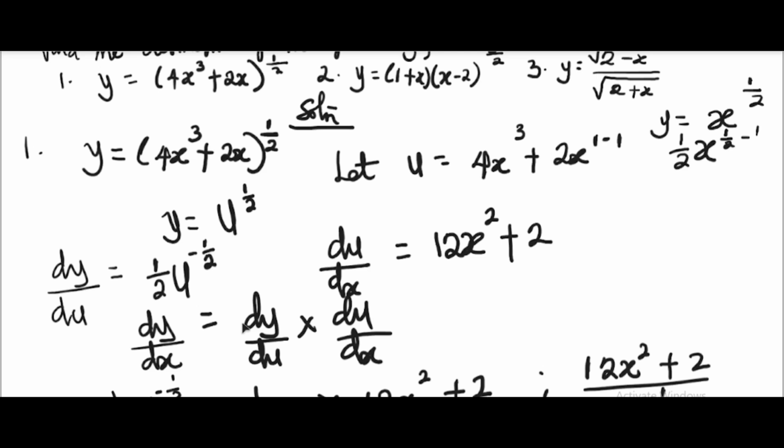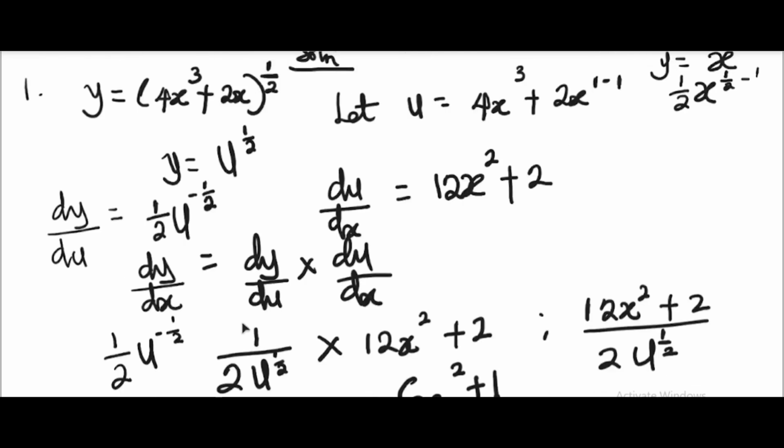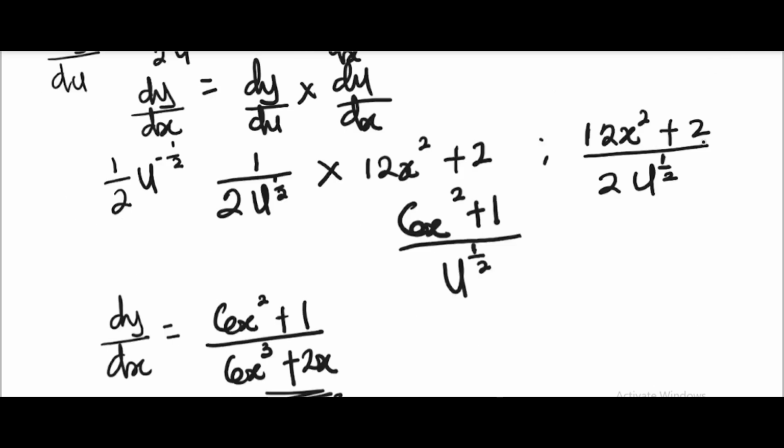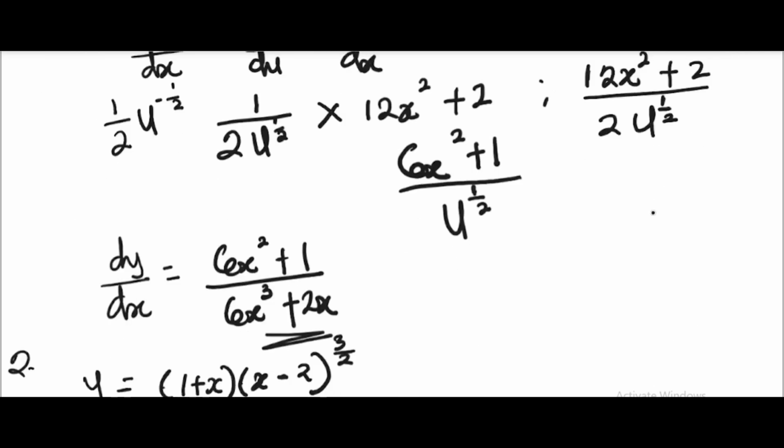Some people will tell you that if you have y is equal to x plus 3 raised to the power of half, you shouldn't stress yourself with chain rule, whatever.